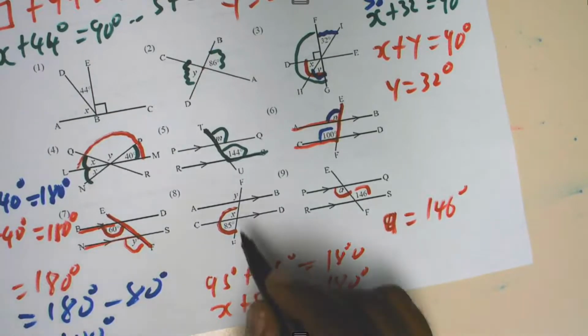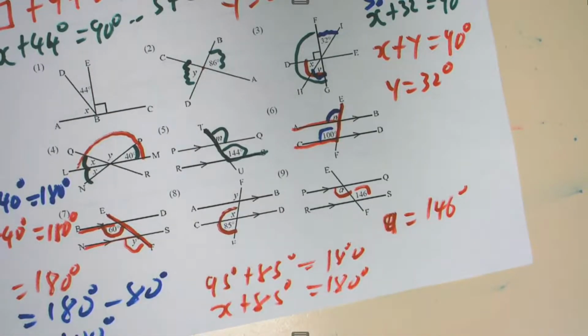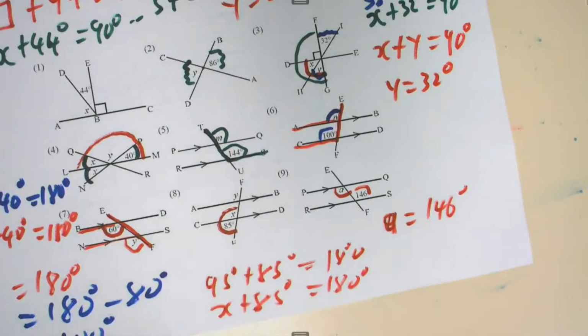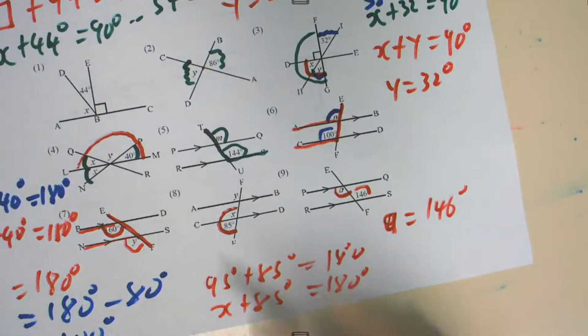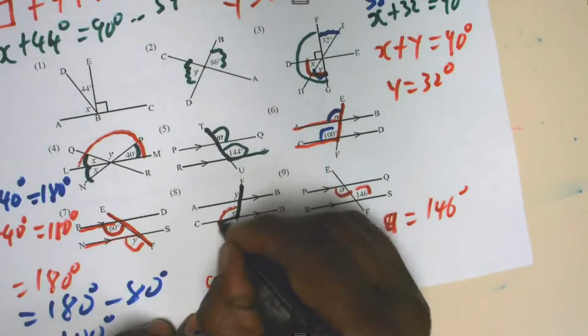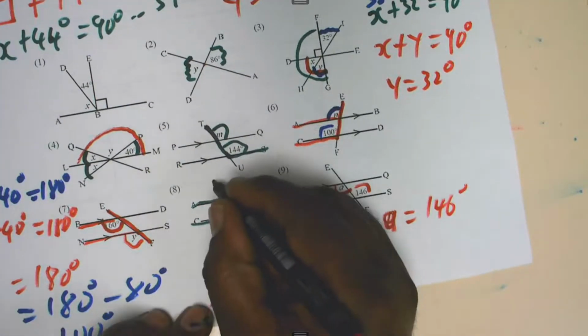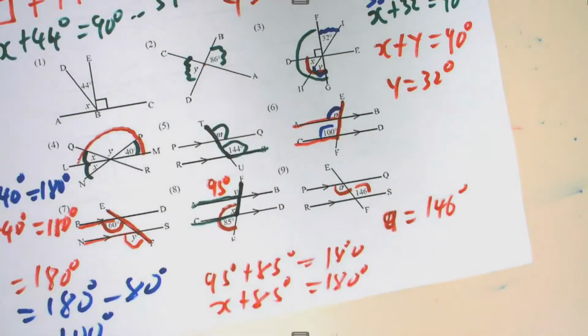Then if x is 95, what is y? What is the relationship? Your pattern, corresponding angles. If x is 95, y is 95. The relationships, that's what is important.